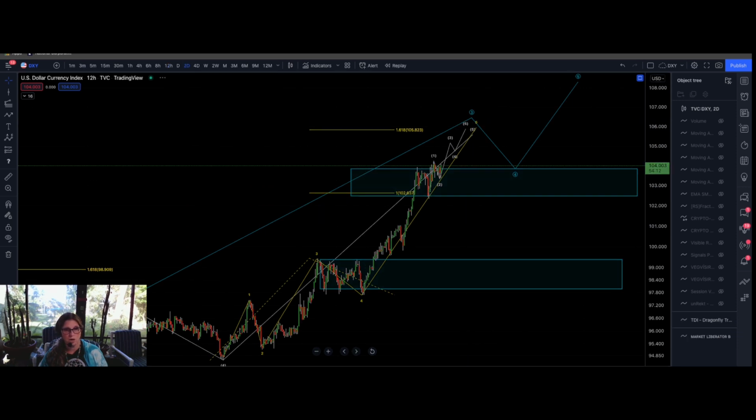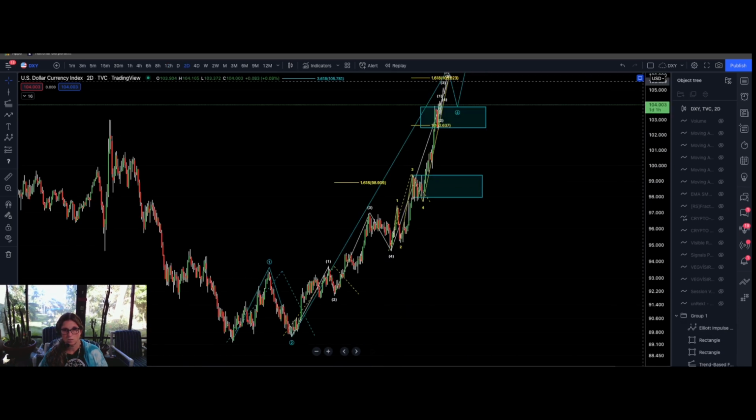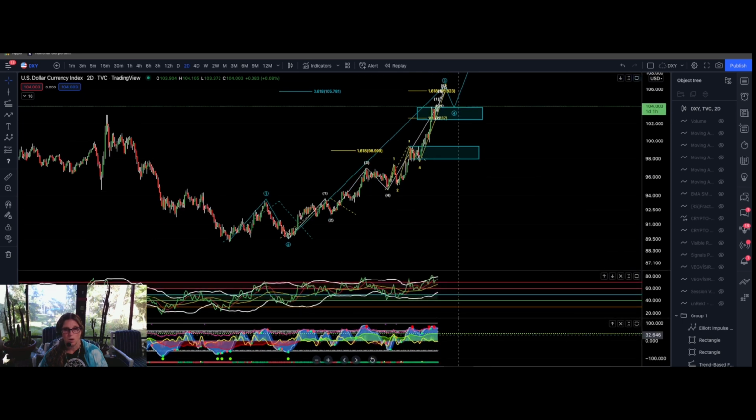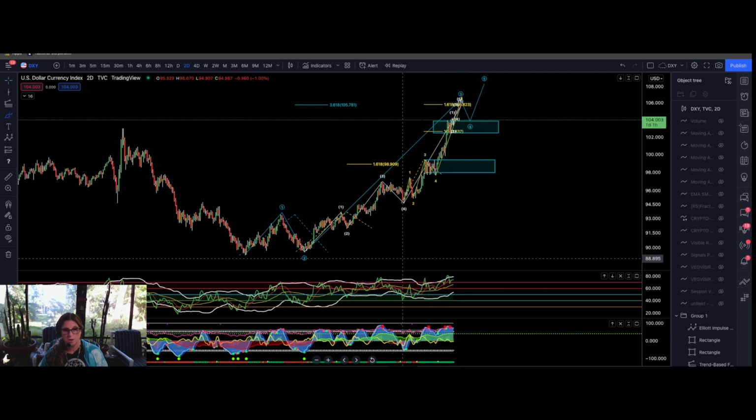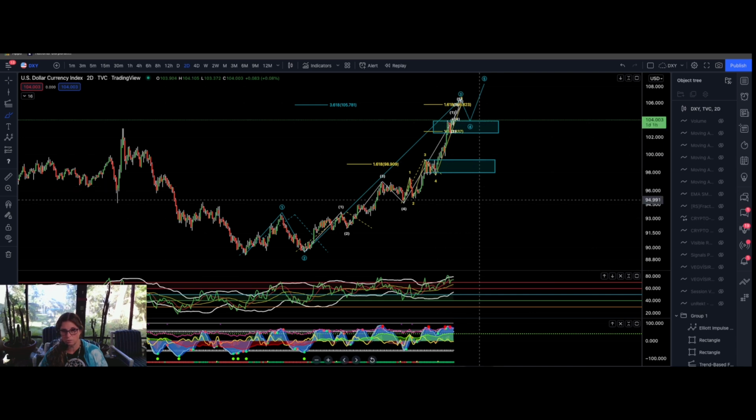Now, one thing I forgot. On the RSI, this is how I know that we are in the sub-degree third of the third. It is the highest point on RSI. The highest point on RSI is your sub-degree third.